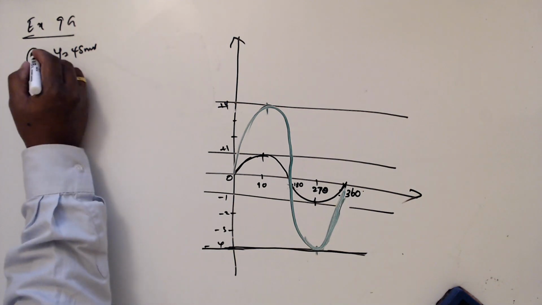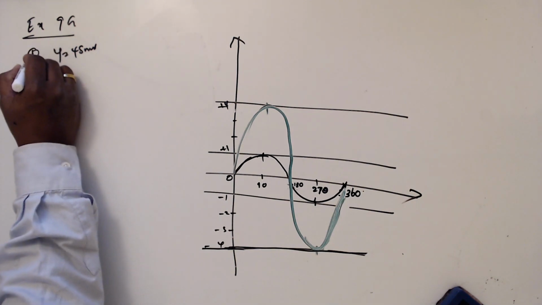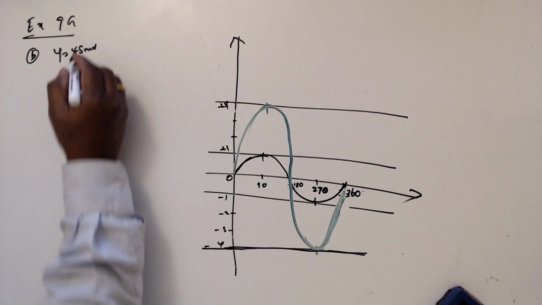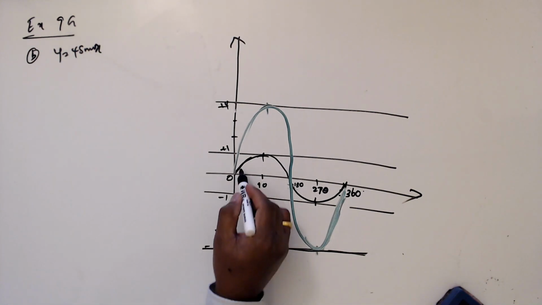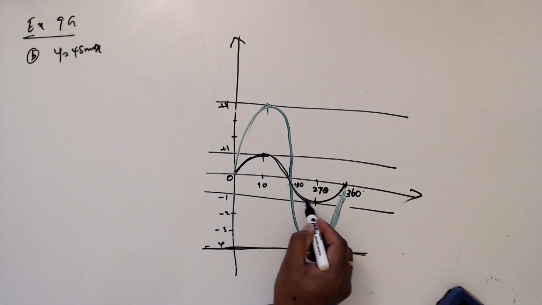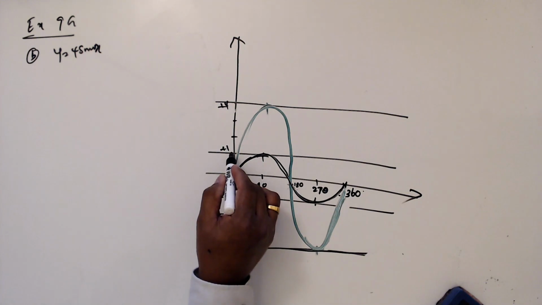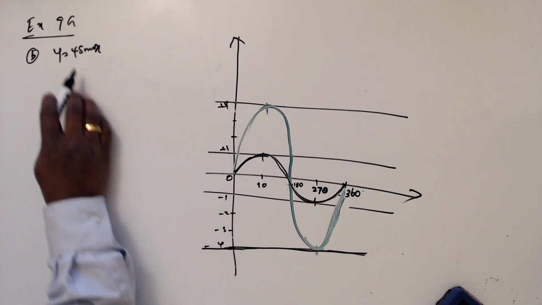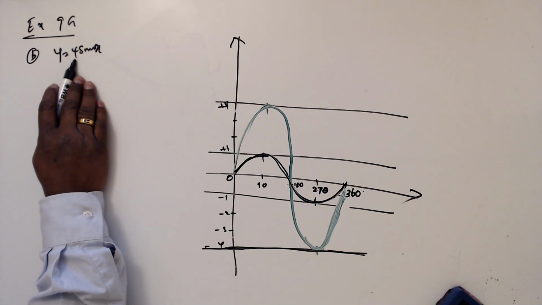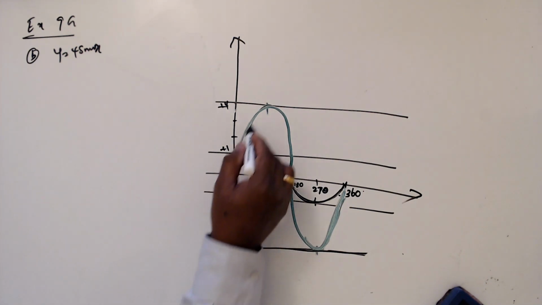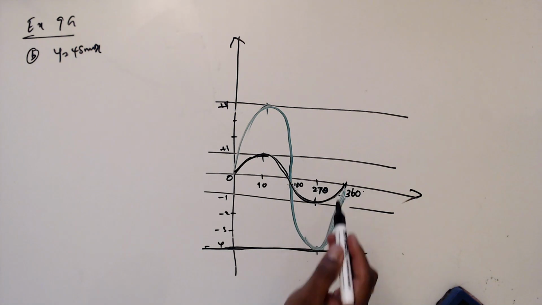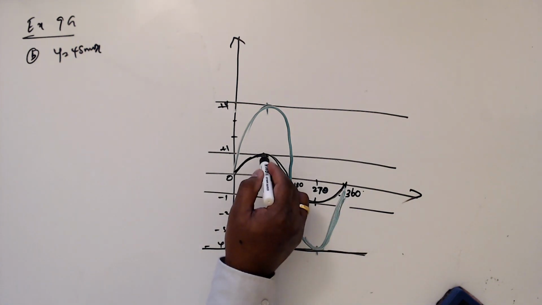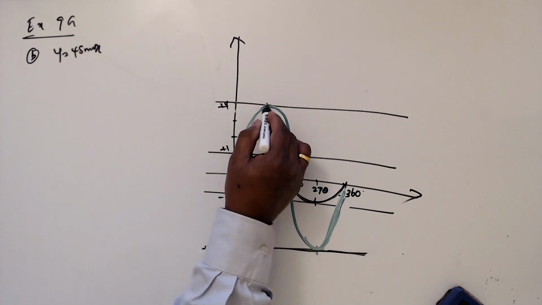Question number 2, part B, y equals 4 sin x. So this one is y equals sin x. It will be the maximum between minus 1 and plus 1. Now I multiply by 4, so it's going to be this kind of graph. Then the maximum is 4.